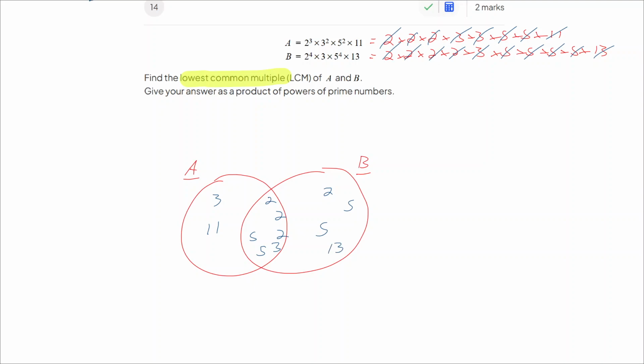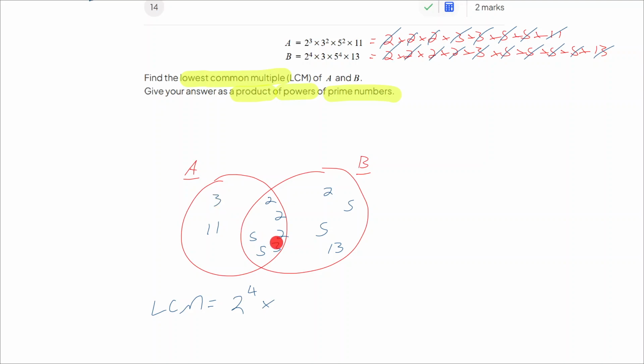So to get the LCM here, be careful, give your answer as a product of powers, so index form of your prime numbers. To get the LCM, we just times everything together again. Everything within here, I'm going to go straight in numerical order. How many 2s have we got? 1, 2, 3, 4. 4 2s, so that's 2 to the power of 4. Times it by, how many 3s have we got?